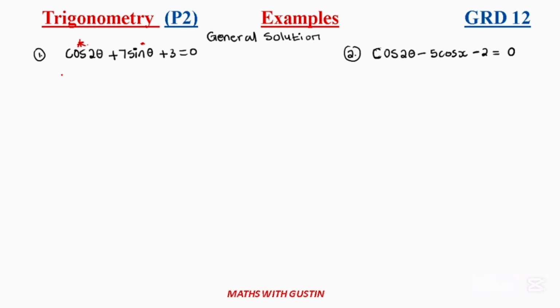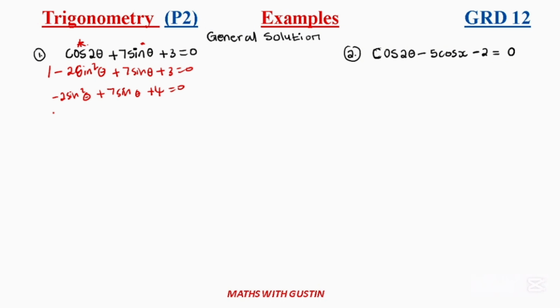So now right here you're gonna say, okay, let's change this to 1 minus 2 sine squared theta, therefore plus 7 sine theta plus 3 is equal to 0. So therefore this should be easy to simplify. 1 plus 3 will give us 4, so you're gonna have negative 2 sine squared theta plus 7 sine theta plus 4.